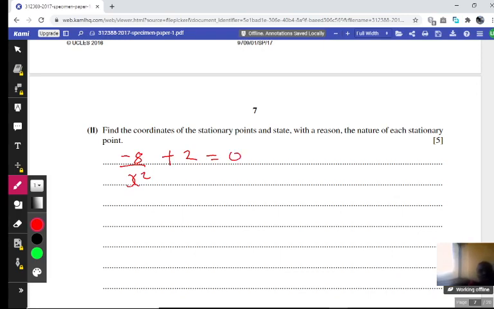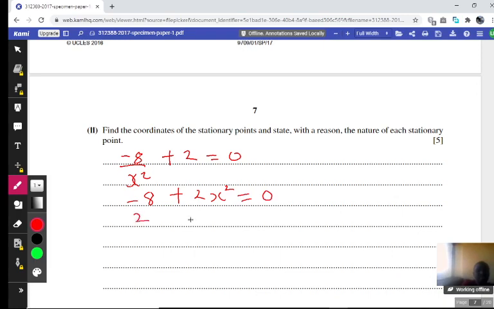Get rid of the denominator first, which is x squared. How? You multiply everything by x squared. It becomes minus 8 plus 2x squared, equals 0 times x squared, which remains 0.